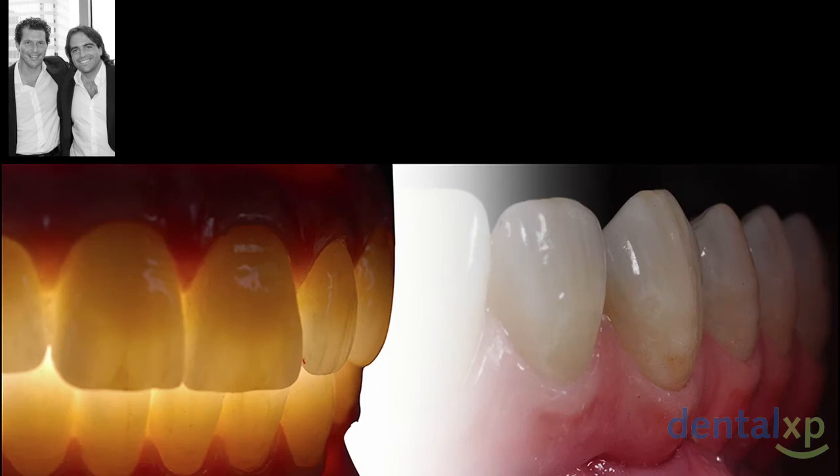And we described a cobalt chrome mesostructure, cobalt chrome framework, zirconia crowns, and look at the translucency. Look how the materials are evolving every day. Look what we can get. It seems lithium disilicate, with great optical properties now, great strength.